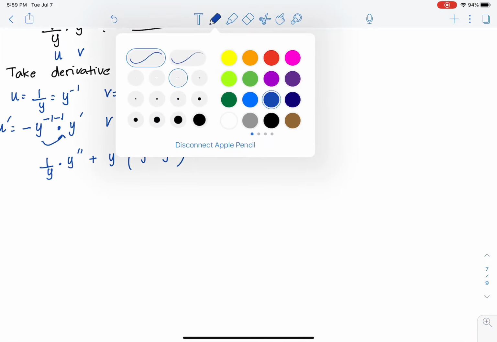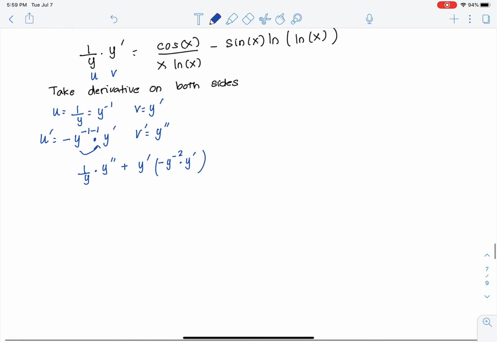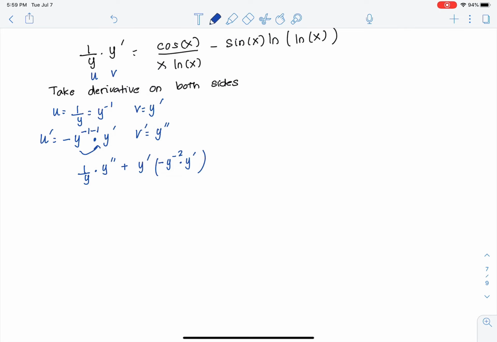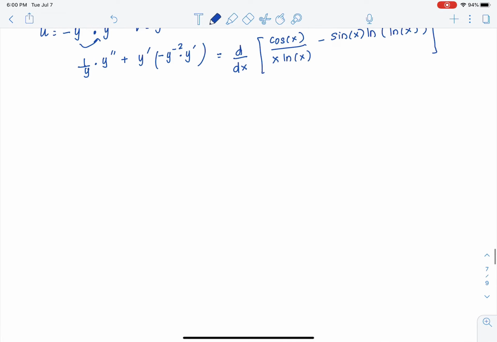And that would equal the right-hand side, d over dx of cosine x over x ln of x minus sine x ln of x. Again, this is a challenging problem, and it's a great problem for practice.